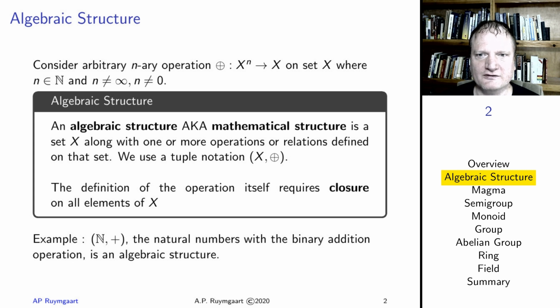We use this tuple notation to denote mathematical structures. So these are parentheses brackets, and then we list the set along with the operations that take part of the structure. An example is the set of natural numbers with the binary addition operation. That's an example algebraic structure.